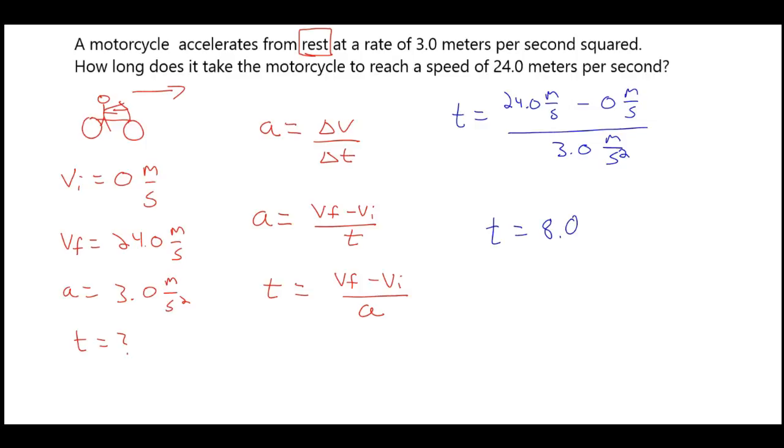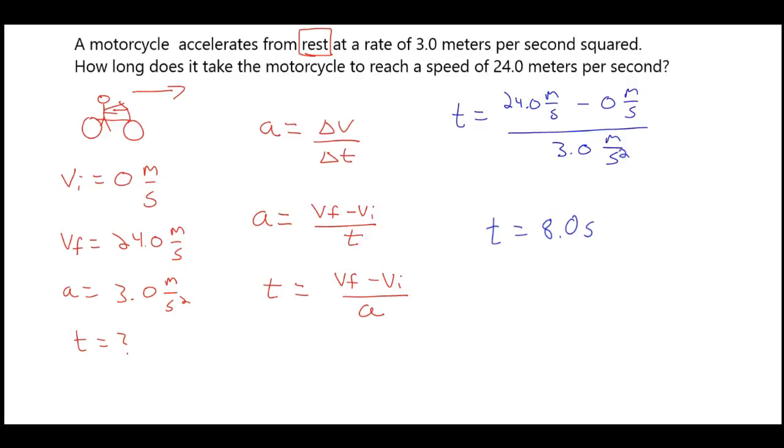And we find that it takes 8.0 seconds to increase our velocity from 0 meters per second to 24.0 meters per second. And this makes sense, right? Because every second that goes by, we are increasing our velocity by 3.0 meters per second.